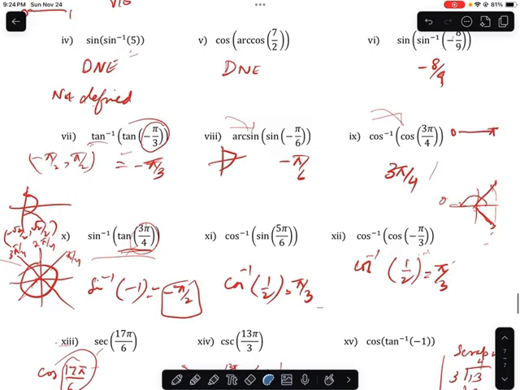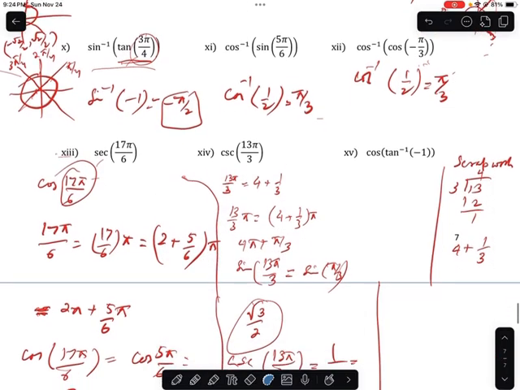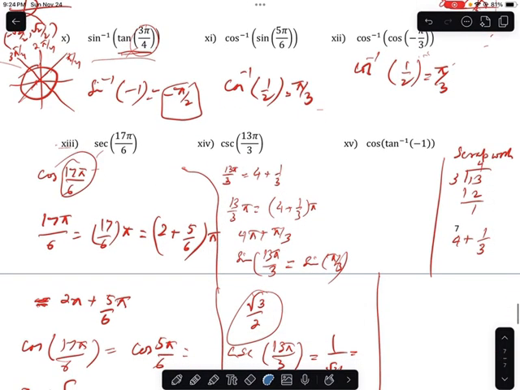So that 13 over 3 pi will be equal to 4 plus 1 over 3 times pi, or 4 pi plus pi over 3.